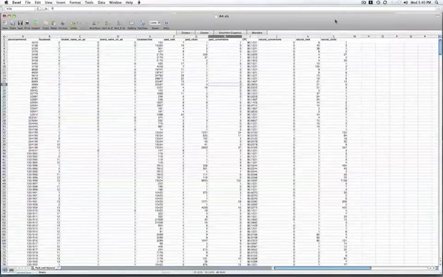So let's look now at the spreadsheet that you were given for individual assignment 4. This spreadsheet has information for different advertisements, each identified by the advertisement ID, that were run over a number of weeks.